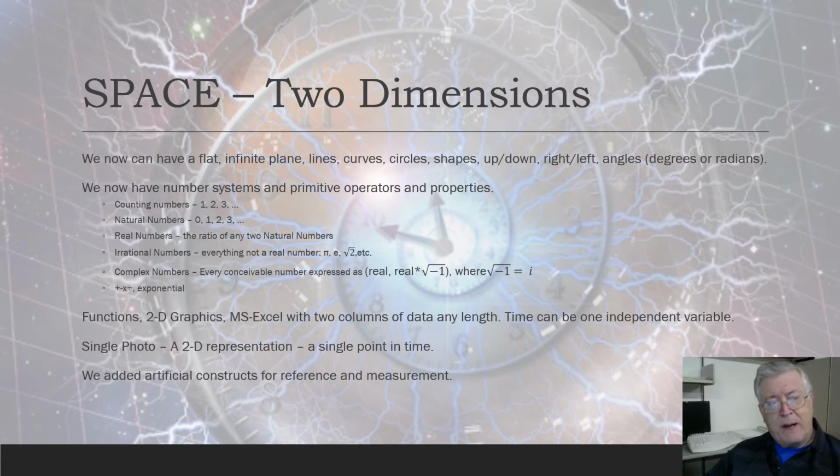We can talk about imaginary numbers and complex numbers. Those kind of go together. Complex numbers are every conceivable number expressed as a real and then a real times the square root of -1, where the square root of -1 is often referred to as i.